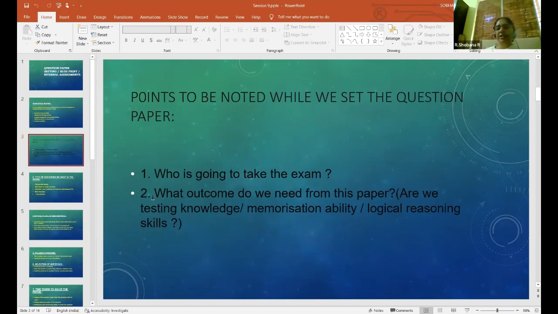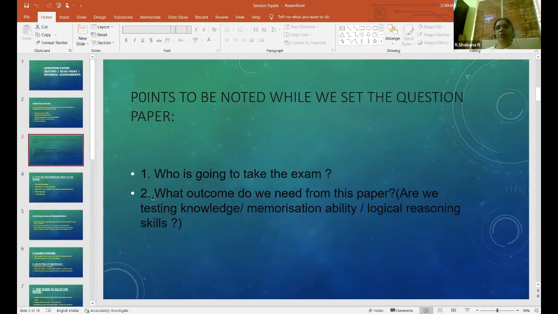Supposing you are testing geometry, then you are going to test the geometrical skills of the child. If you are going to test the 4 operations of a child, you are going to set a question paper for an assessment which tests all 4 operations. Then you will have a question paper that fully tests the logical reasoning skills of the child.